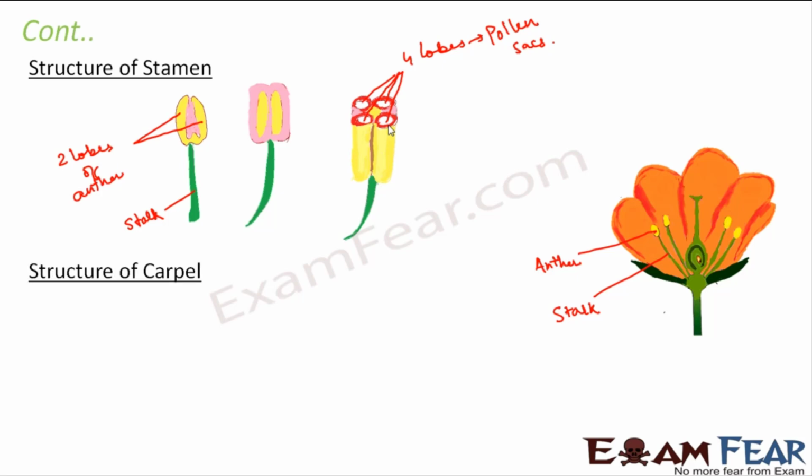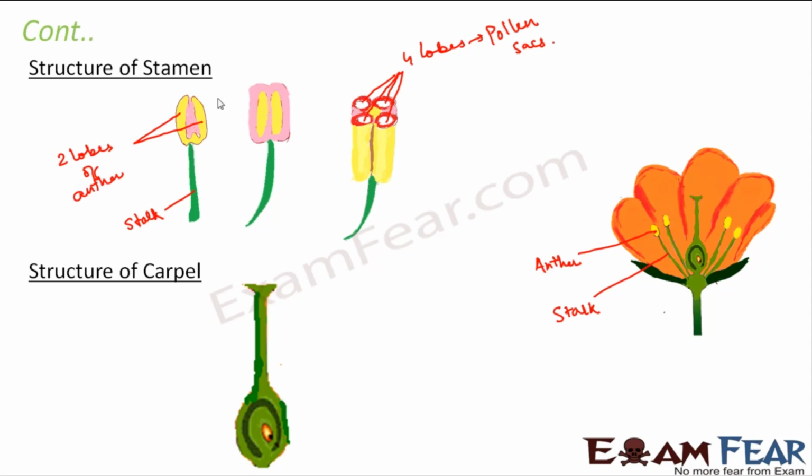Now let us talk about the female reproductive organ, that is the carpel. Here we have taken only the carpel out of this plant. The carpel consists of 3 parts, that is style, stigma and ovary. These are the 3 important parts of a carpel.